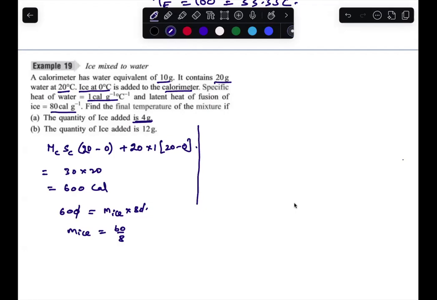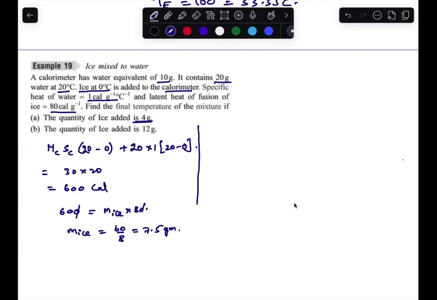That is around 7.5 grams. If you have 7.5 grams of ice, the possibility is equilibrium temperature might be 0 degrees centigrade.